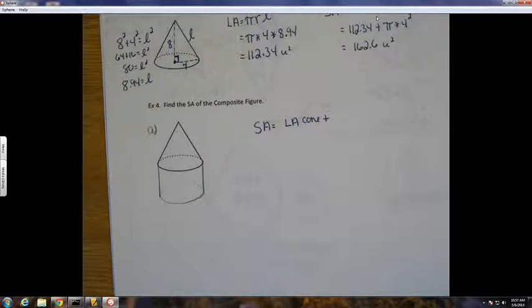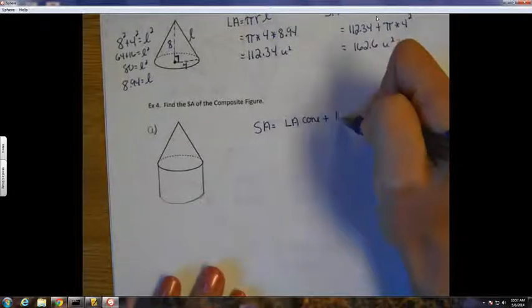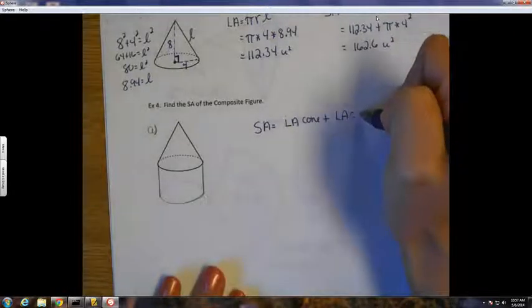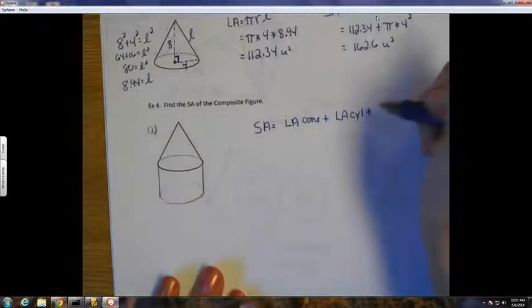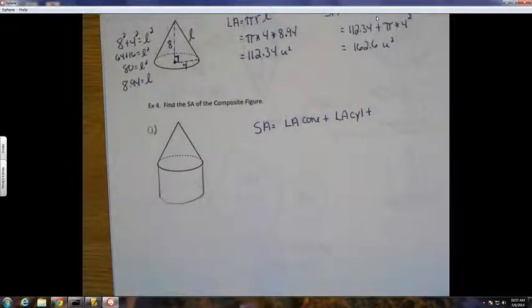What parts of the cylinder can I touch? The sides. What do we call the sides? The lateral area. So the lateral area of the cylinder plus, what else can I touch? One base.